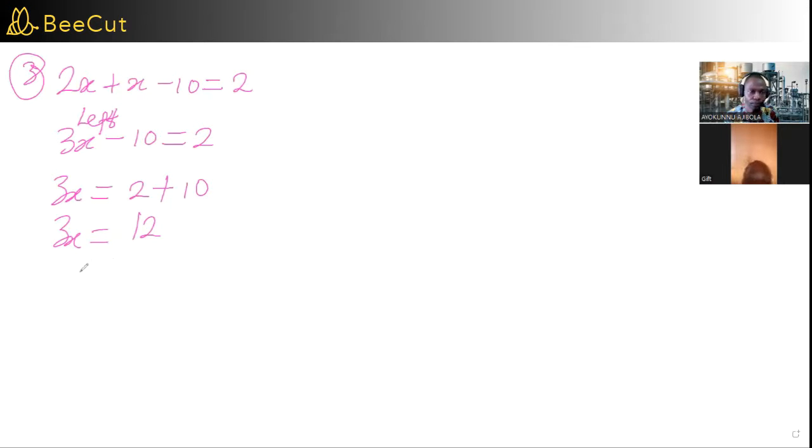So this is now divided by 3. That 3 removes the 3 here, then I have only x. What is 12 divided by 3? 4. So my x is 4. Is that clear to you?